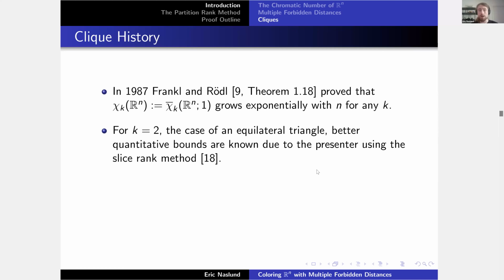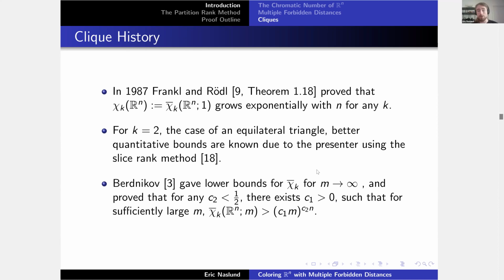For the equilateral triangle, we can get better quantitative bounds with the slice rank method. And I'll note that Bernardikov also has some lower bound results for when m is going to infinity in some ranges when we have multiple colors.